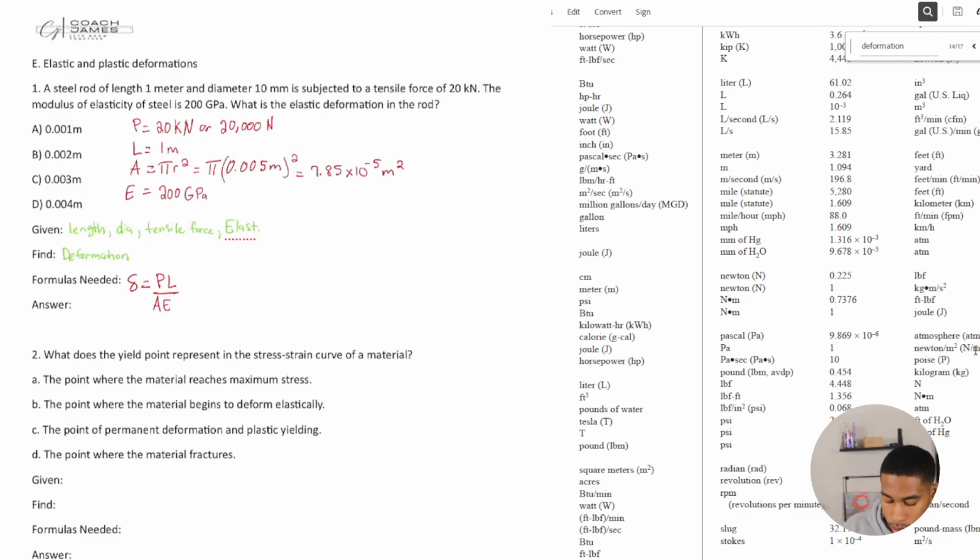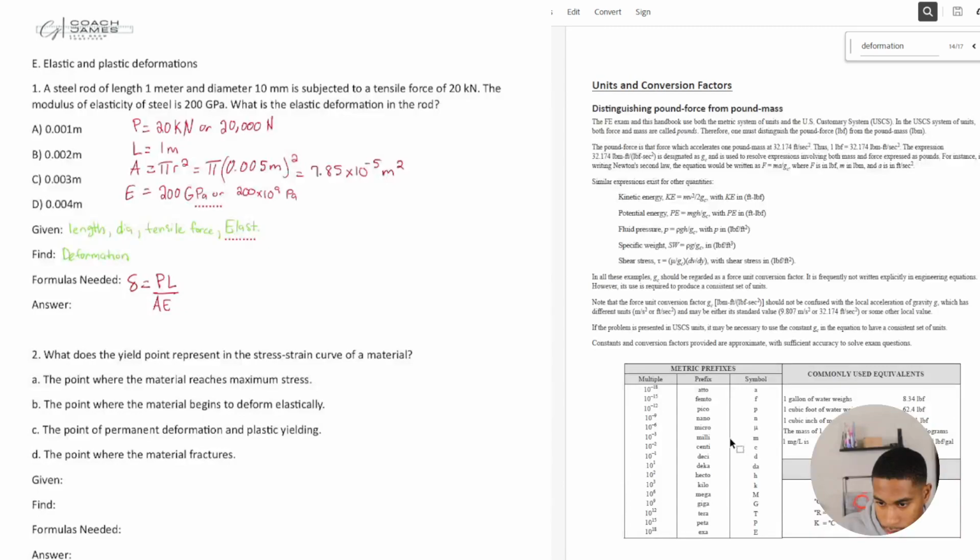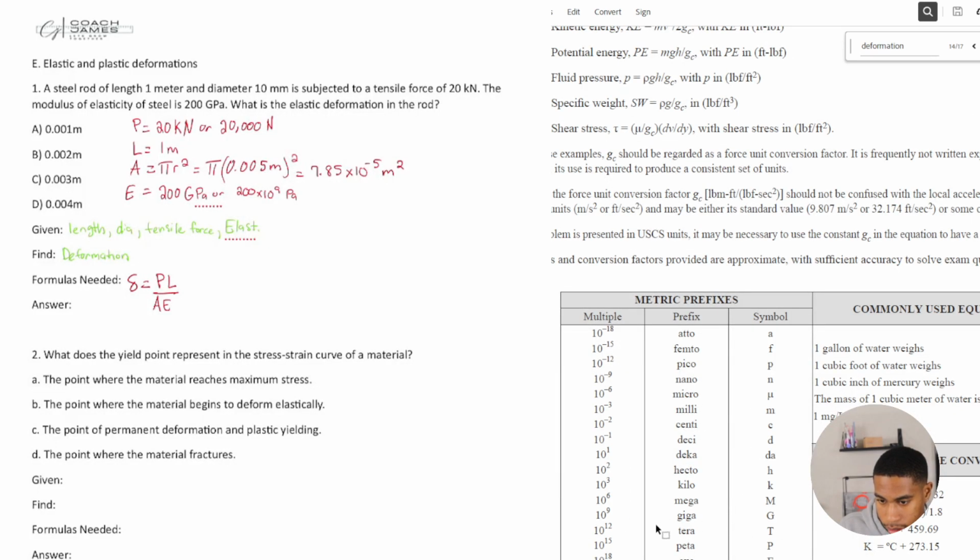So we have 200 gigapascals. How do I get this just in regular pascals? It's 200 times 10 to the 9th pascals. And why did I say 200 times 10 to the 9th? Well, what is a giga? We can always check. It's denoted by a capital G, and it is 10 to the 9th.